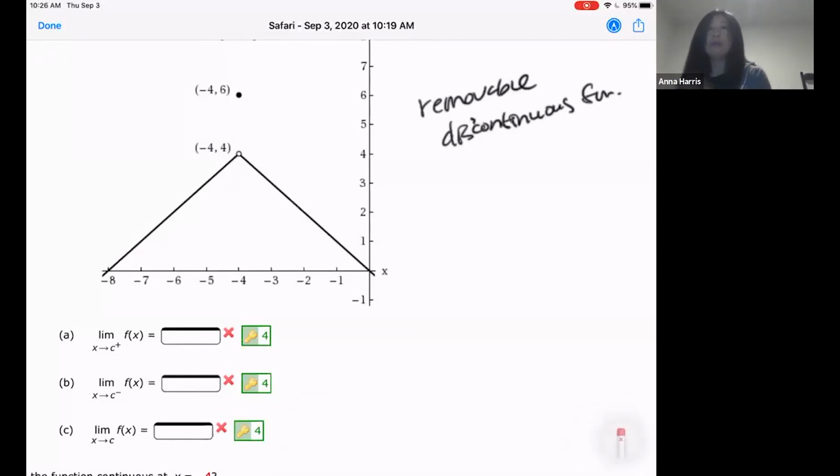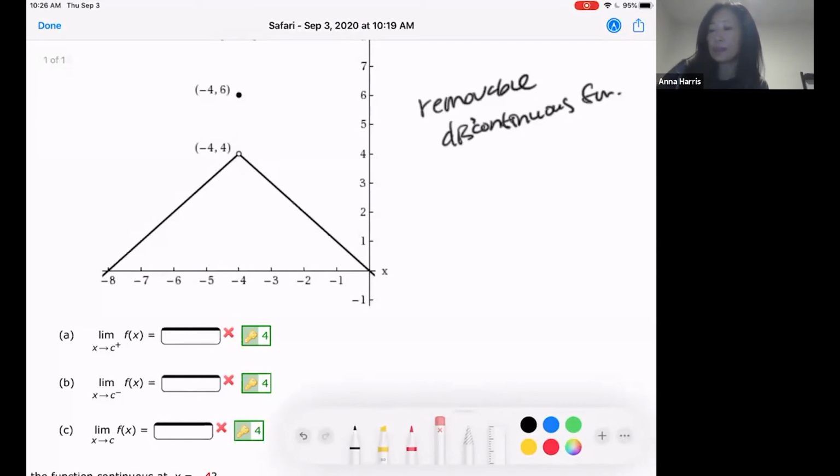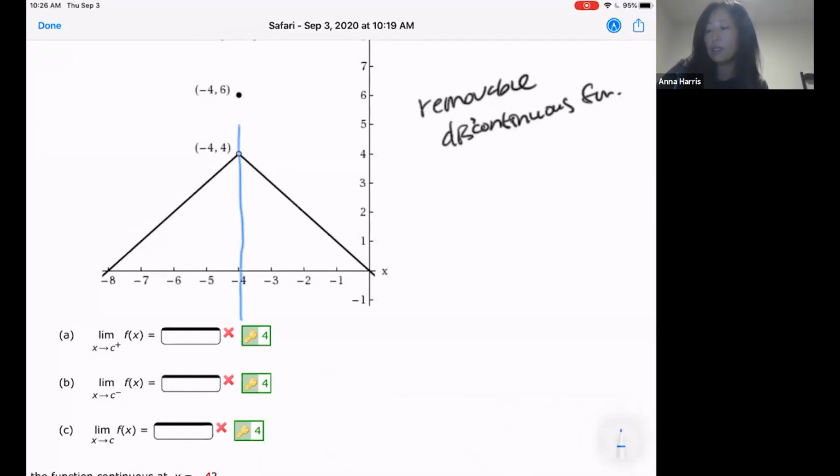But for now, what is my limit? Let's look at the limit right here. This is the limit that I am looking at. I'm going to look at the right. This is my right: the limit as x approaches -4 from the right-hand side of this function.